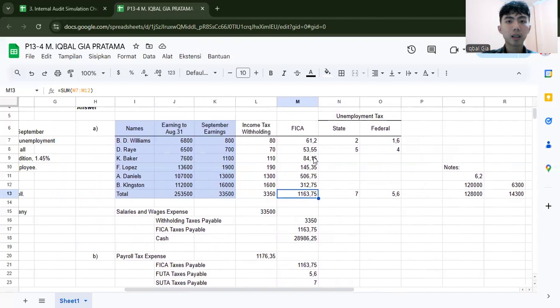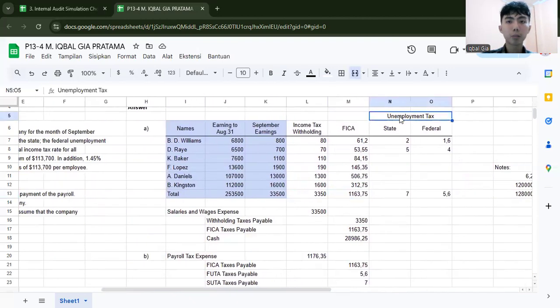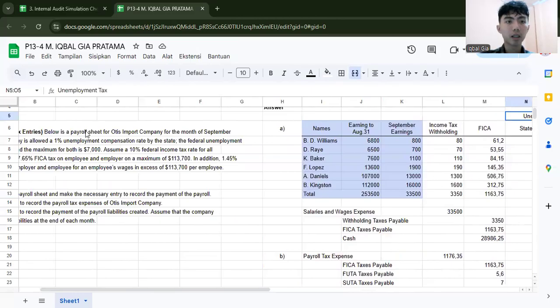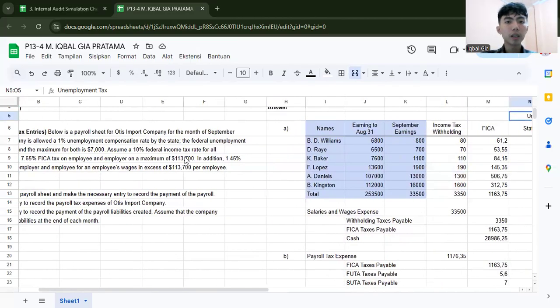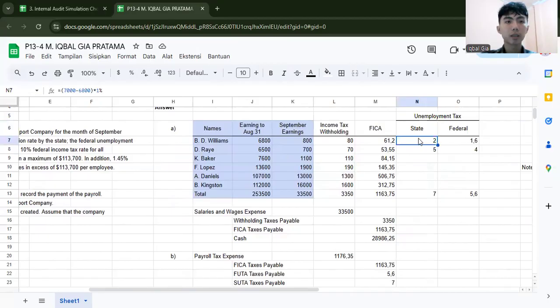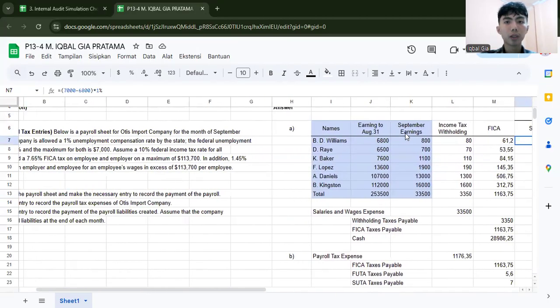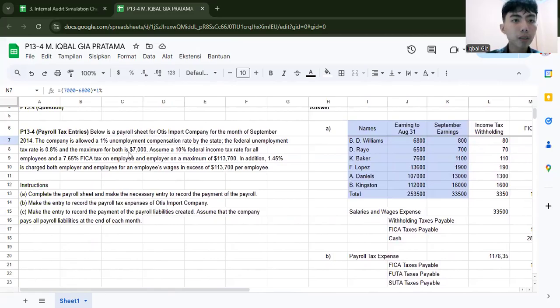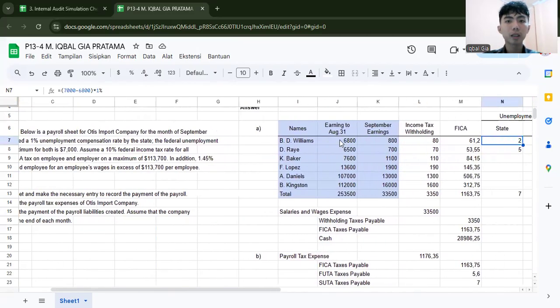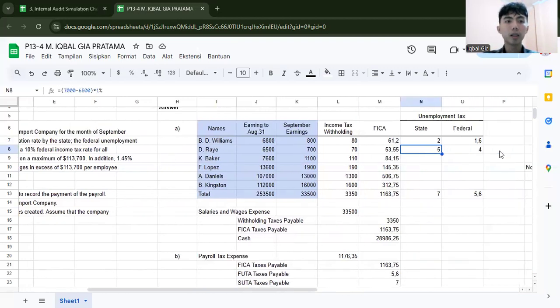After that we will count the unemployment tax for state and federal. The data given for the state is 1%. So we will calculate $7,000 and subtract from it the earnings up to the last day of August, and we will get this, and also for the other employee, and we will get this number.